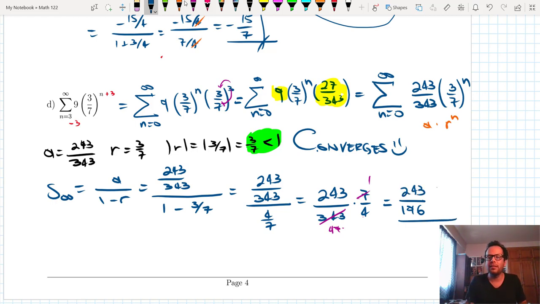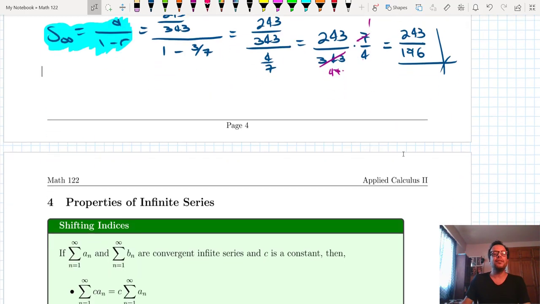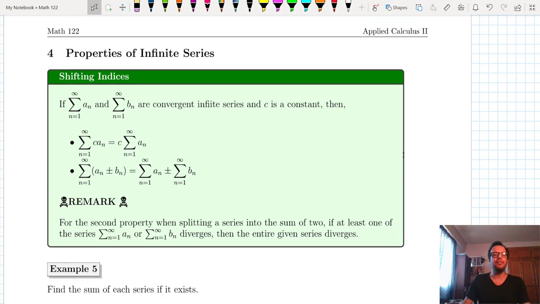So that's the infinite sum if we were to develop all these infinitely many terms of the series and add them together. Well, we cannot do that. It's impossible to add infinitely many terms one at a time. But the good news is that we have this formula to find the sum of infinitely many terms of a convergent geometric series. Okay, let's look at the last part, properties of infinite series.